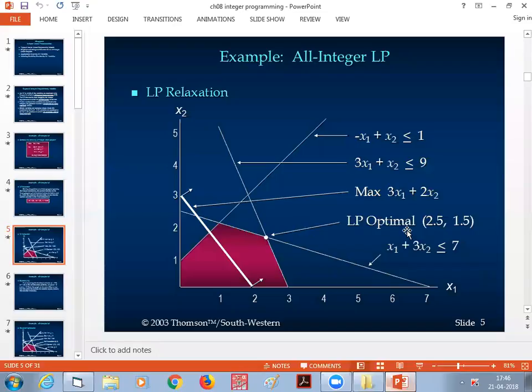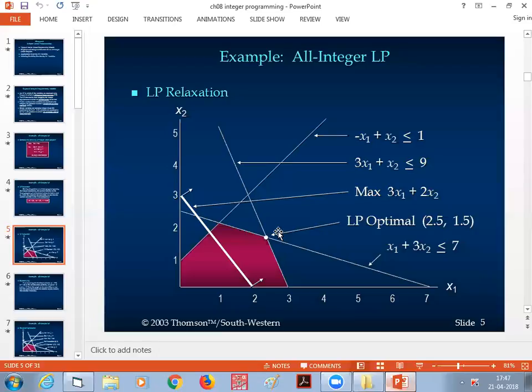What should we do? Can we round it off and write this as 3, 2? But the problem is, 3, 2 is outside the region, and so that won't even be feasible. Rounding off is very rarely a solution to this.